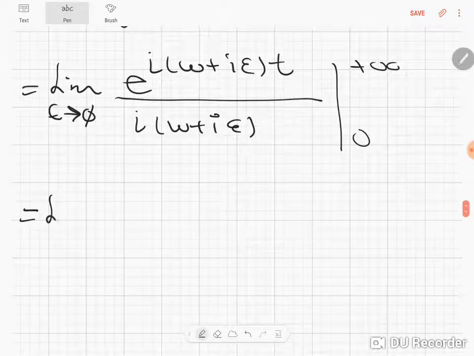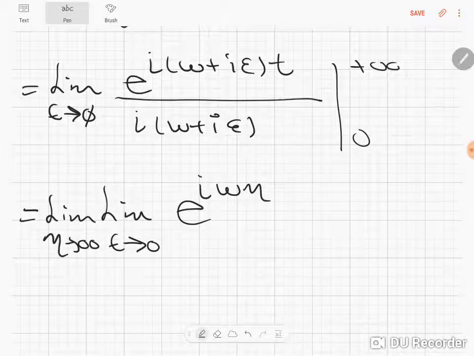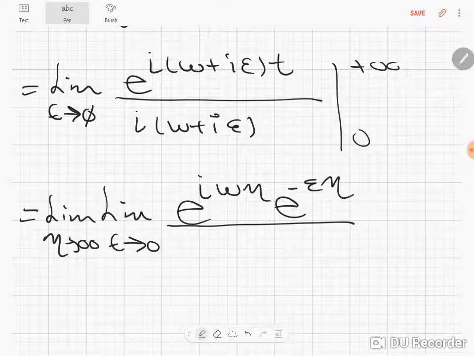So this is equal to the limit eta that tends to infinity, limit epsilon that tends to 0, of e to the I omega eta times e to the minus epsilon eta, divided by I omega plus I epsilon.